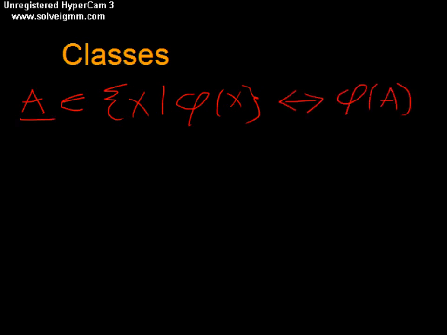So this notation of the element means nothing more than this, that phi A holds. We know that only sets can be elements of classes. We cannot have that a class is an element of another class in general. This is to avoid Russell's paradox.